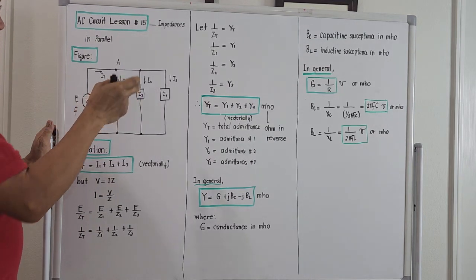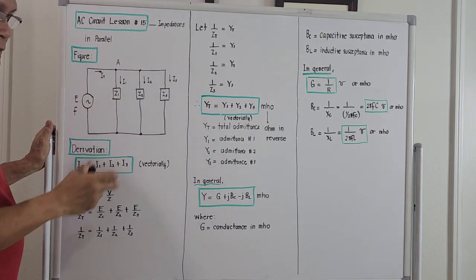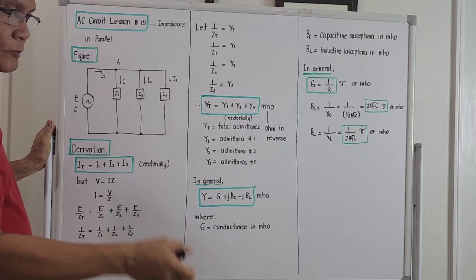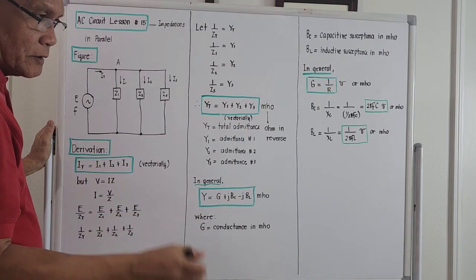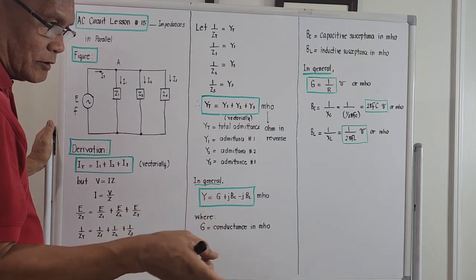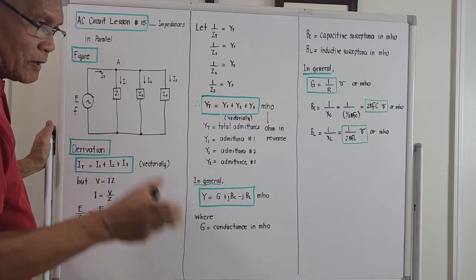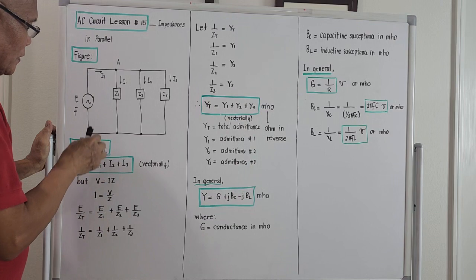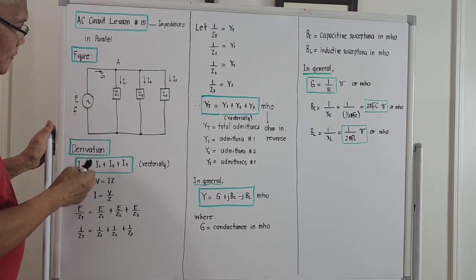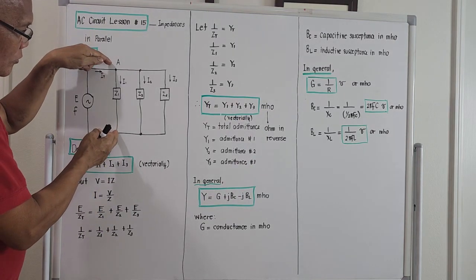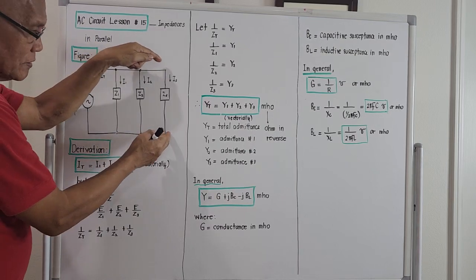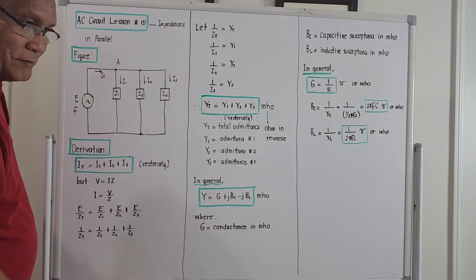The figure for impedances in parallel. The total opposition offered to the flow of alternating current in alternating current circuit is actually impedance. And the connection for this morning will be parallel. Parallel meaning the voltage across all the impedances are actually equal.